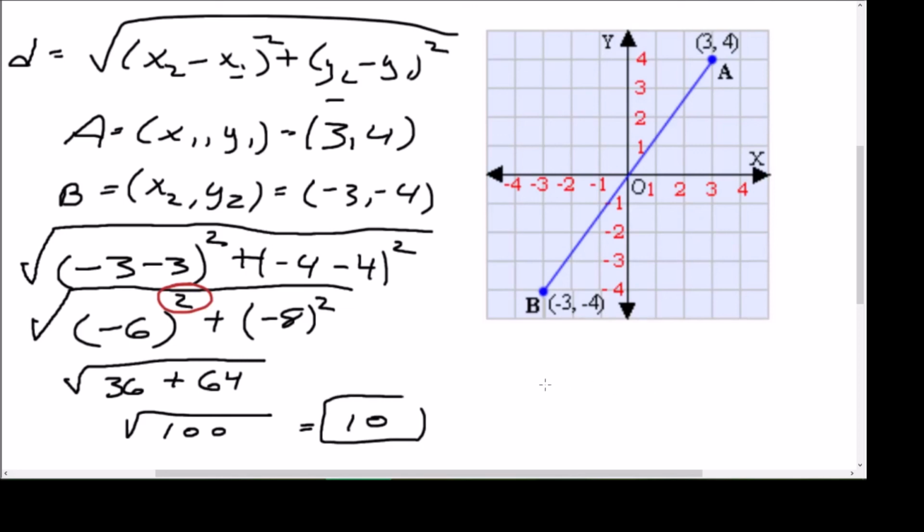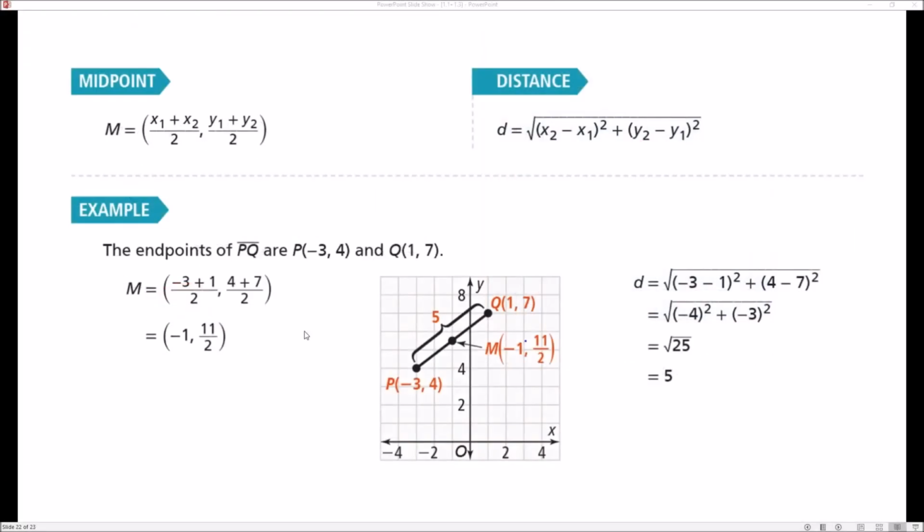So the distance of AB is equal to 10 units. It's the same thing if we did BA. Distance is the same either way, so that is our distance formula.